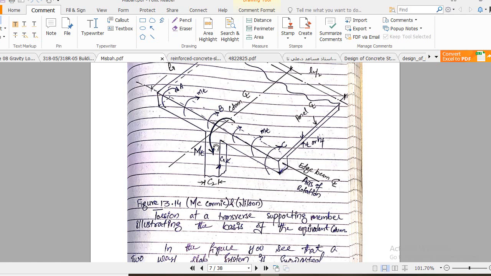Equivalent column is an imaginary column which uses a stiffness less than the actual column. Why do we not use the stiffness of the actual column? The reason is that its actual stiffness is reduced due to this transverse effect, due to these transverse strands.